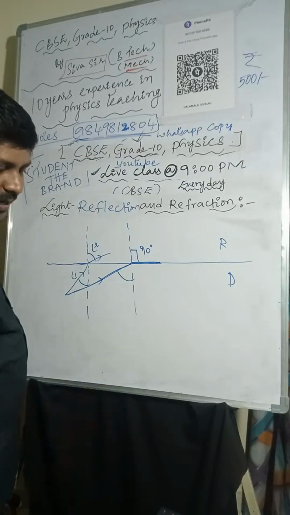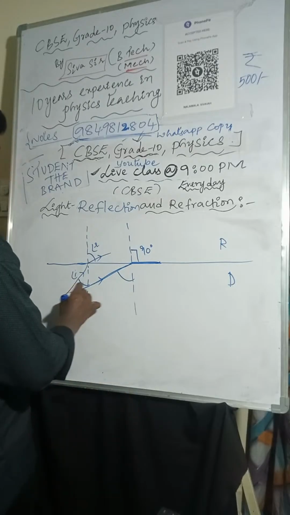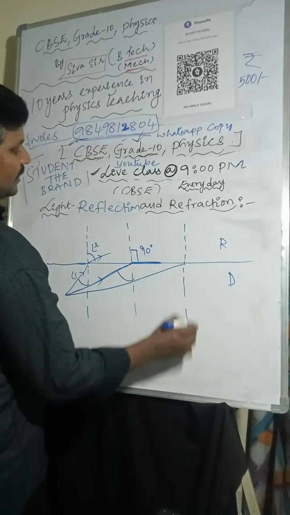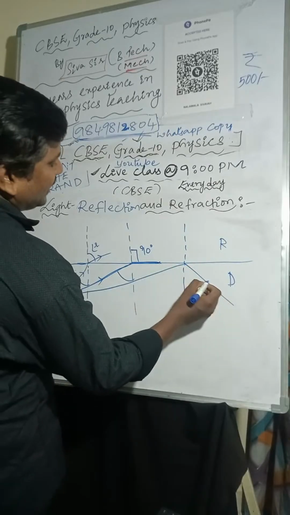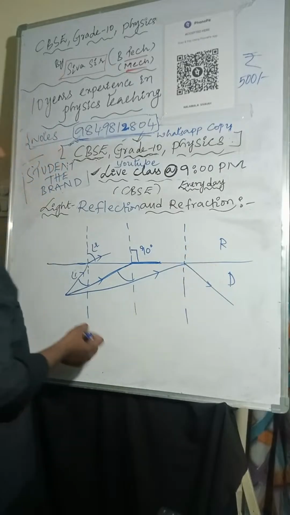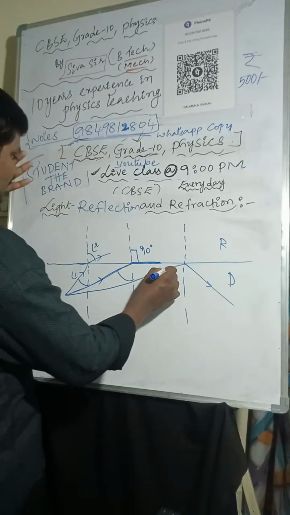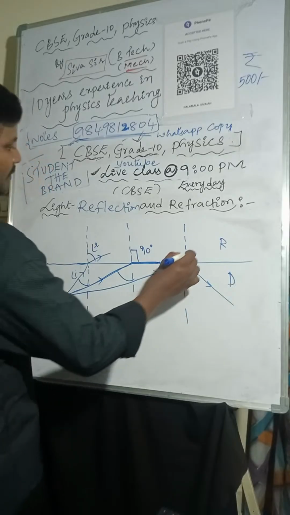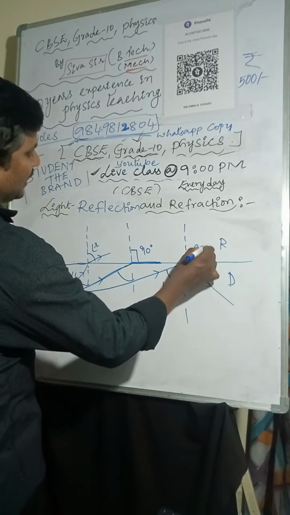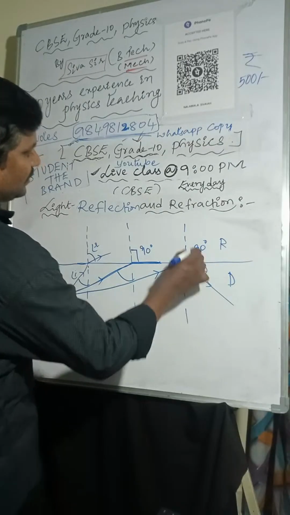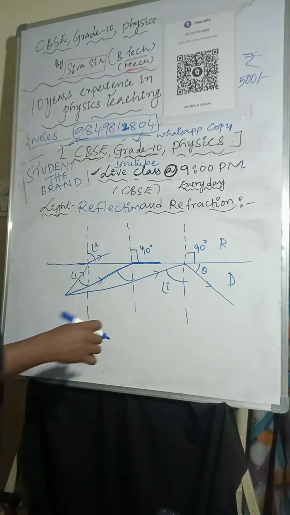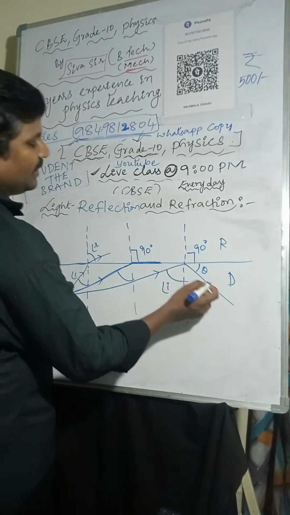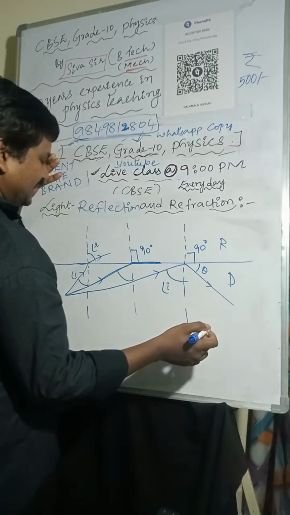If the light ray is passing like this, I am taking this as the normal line. When the light ray is passing from denser to rarer, this is the angle of incidence. If in the rarer medium it makes more than 90 degrees, 90 degrees plus theta, then the ray reflects back into the same medium.